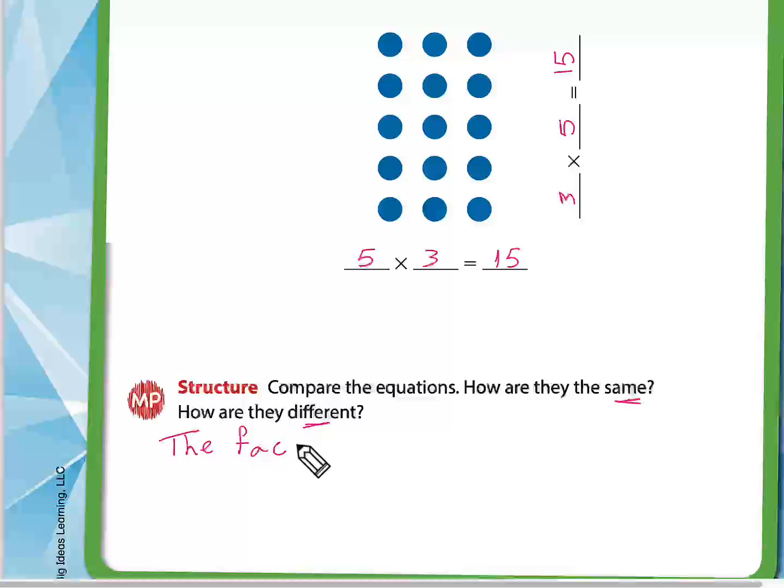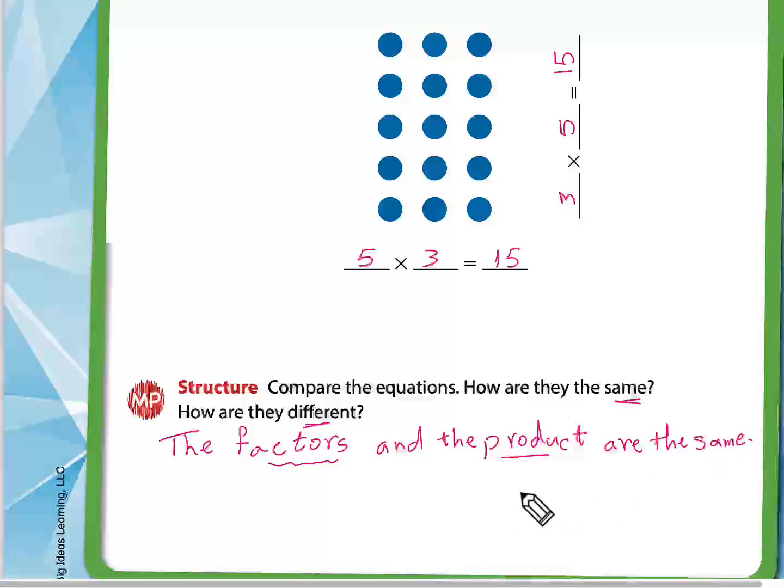So the same here are the factors, meaning the numbers 3 and 5, and the product here is 15. These are the same. And what is different?